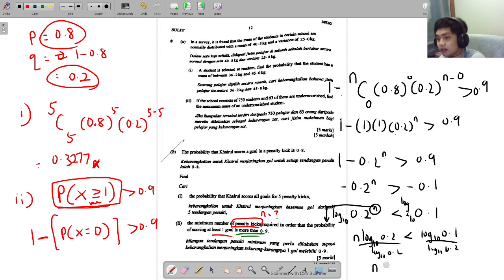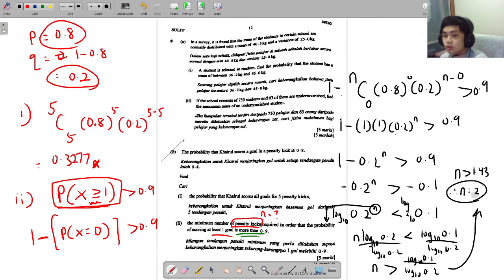So n is greater than log 10 of 0.1 over log 10 of 0.2. So n is greater than 1.43, therefore n equals 2. So he needs to shoot a minimum of 2 kicks so that his probability is greater than 0.9.